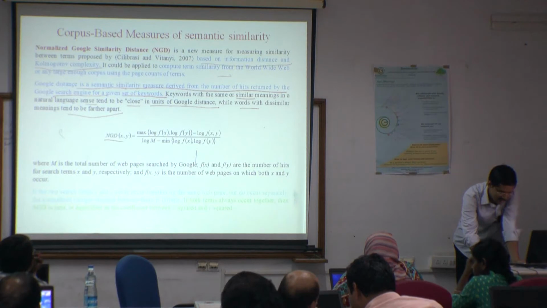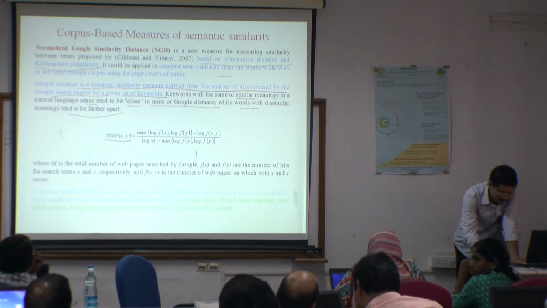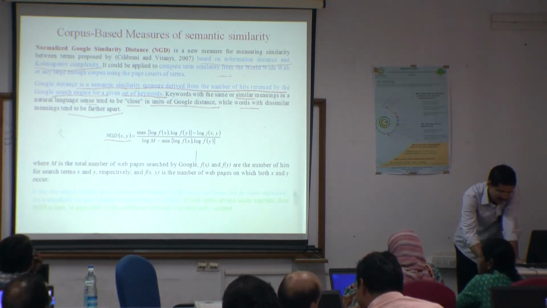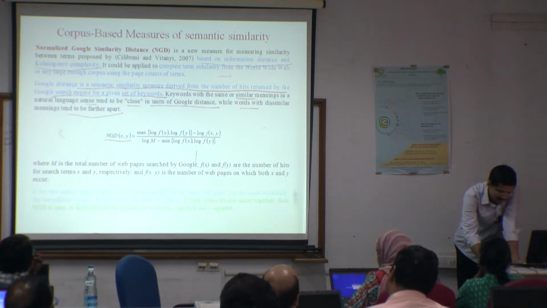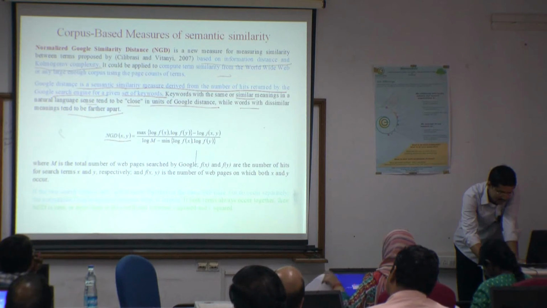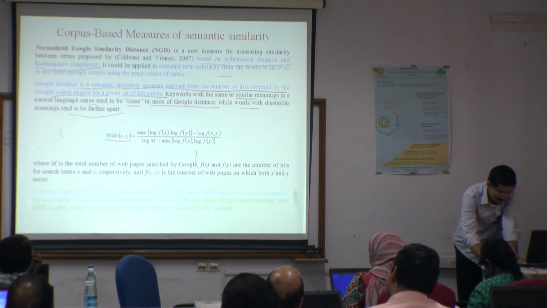So the normalized Google distance between two terms x and y can be calculated as the maximum of log fx, log fy, minus log fxy, divided by log M minus the minimum of log fx and log fy.